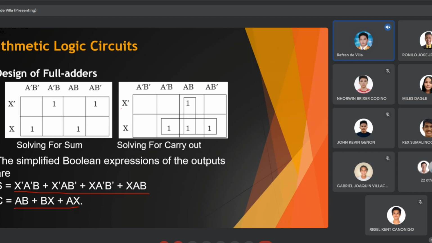Okay? However, based on our discussion before about K-mapping, there are ways by which you can identify the so-called XOR or XNOR implementation. And one of the hints that you can use to identify such formation that will use XOR and XNOR is these diagonal formations. Okay?